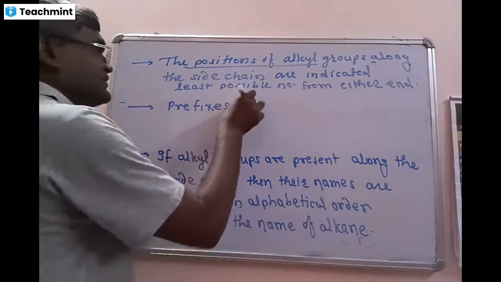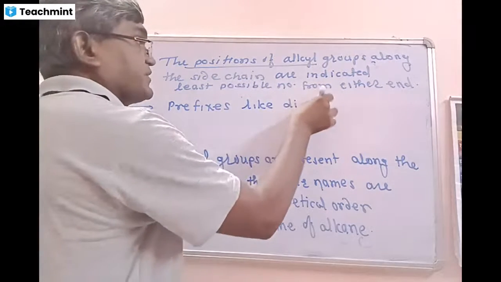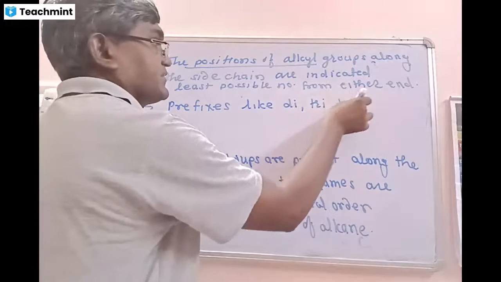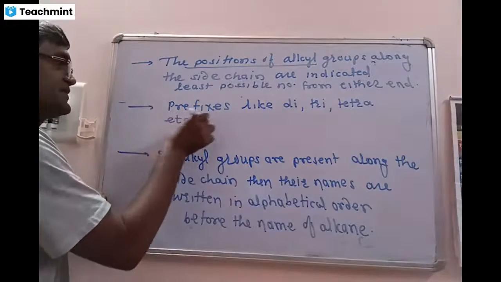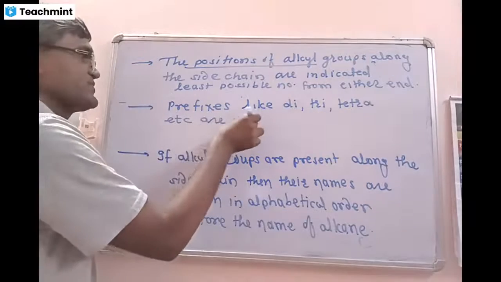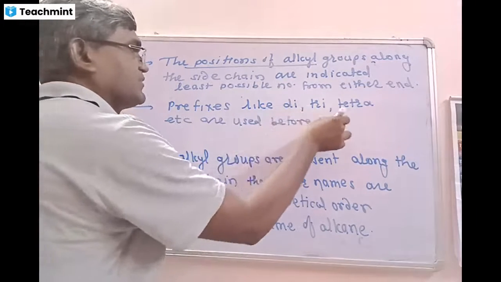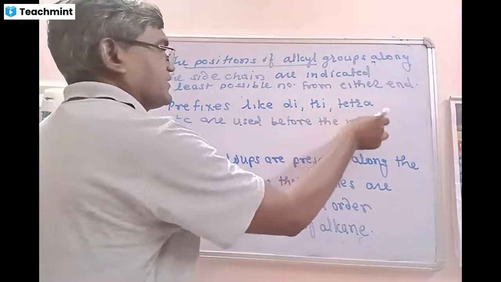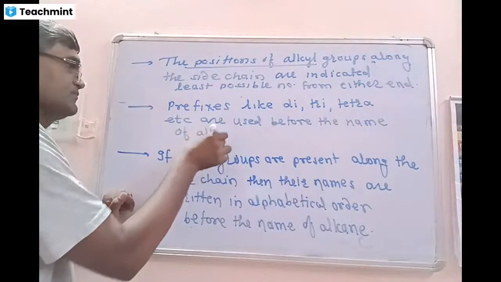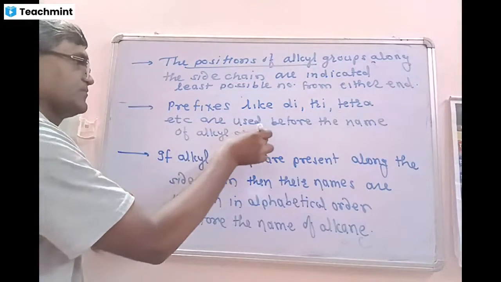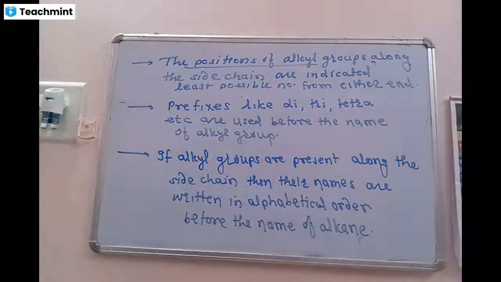Prefixes like di for 2, tri for 3, tetra, etc. are used before the name of alkyl group. Their positions are indicated by least possible number.